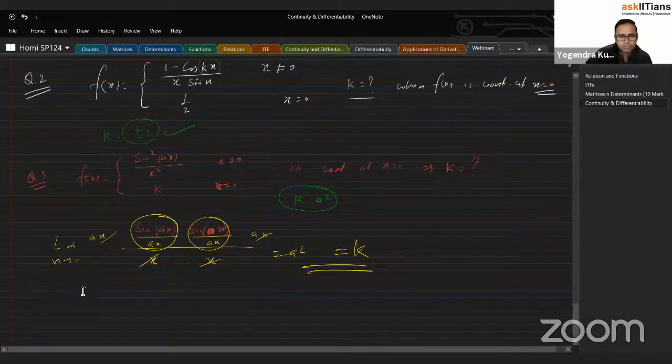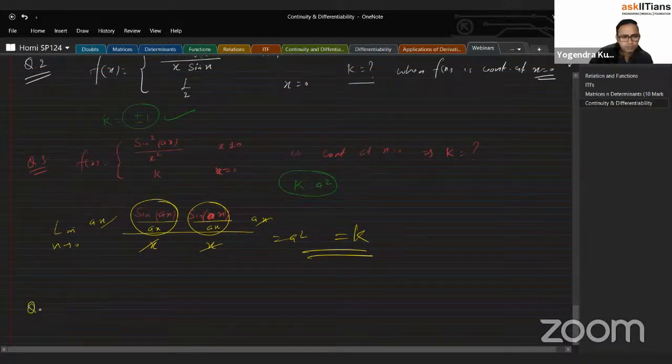Okay, guys, one more question. Question number 4. They are saying f of x is equal to greatest integer of x, and it is continuous. Options are given.